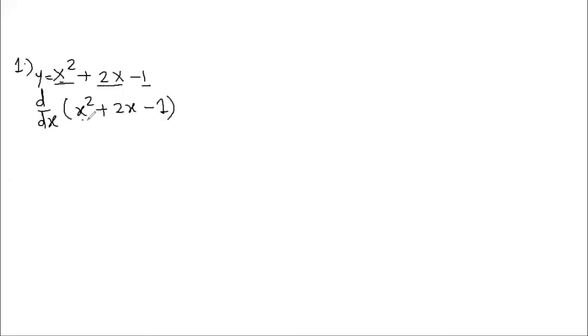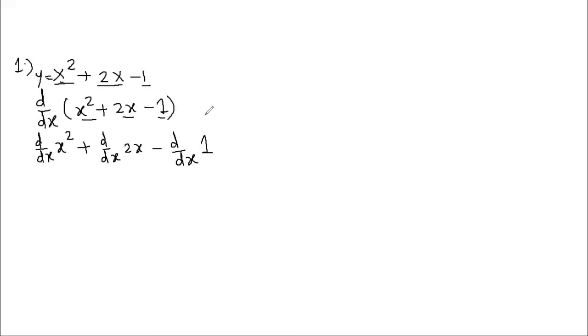Now, because there are 3 terms in total, I have to separate the terms. How can I separate? Differentiation of x square plus differentiation of 2x and differentiation of 1. It means I use the differentiation sign with all the terms: x square, 2x and 1.